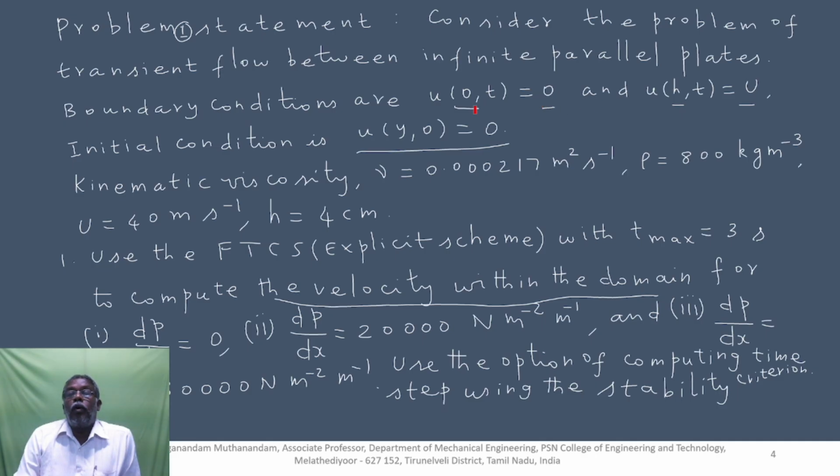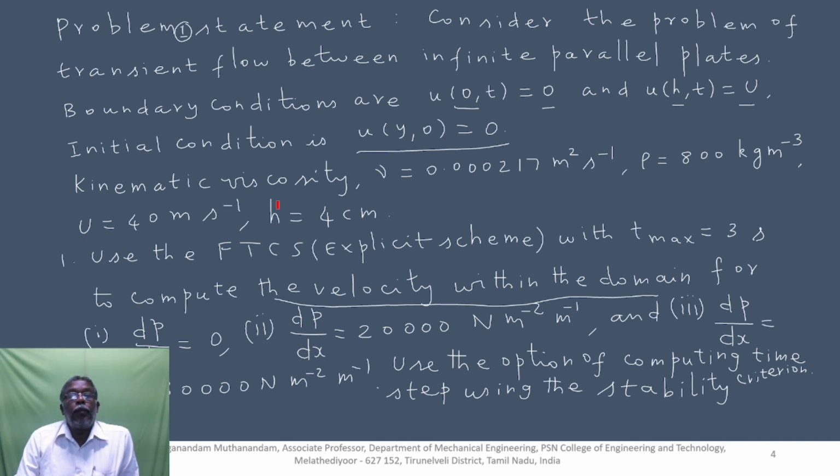The initial condition is that u(y,0) = 0. Here the kinematic viscosity of the fluid is 0.000217 meters square per second. The density of the fluid is 800 kilogram per meter cube. The velocity with which the upper plate is moving, that is uppercase U, is 40 meter per second.